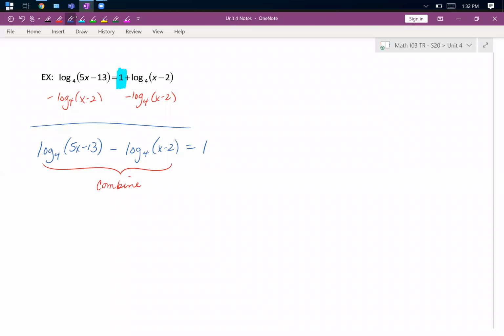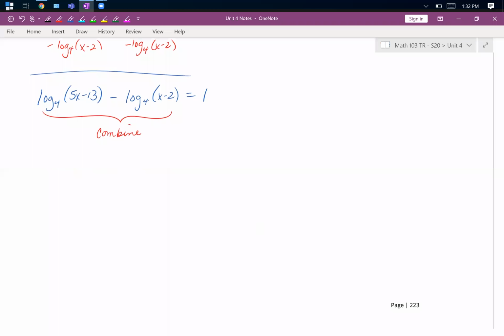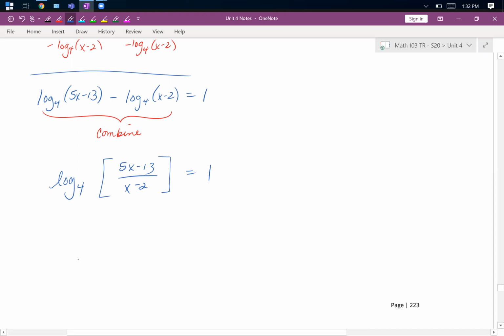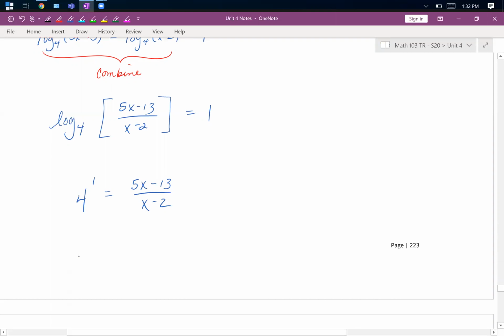How do we combine them when it's subtraction? Division. We're going to divide the arguments. And now we're ready to rewrite it in exponential form. Our exponential rewrite is going to be 4 to the first equals 5x minus 13 over x minus 2. That gives us 4 equals 5x minus 13 over x minus 2.